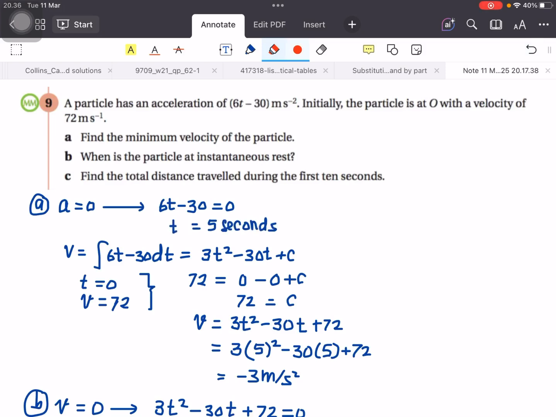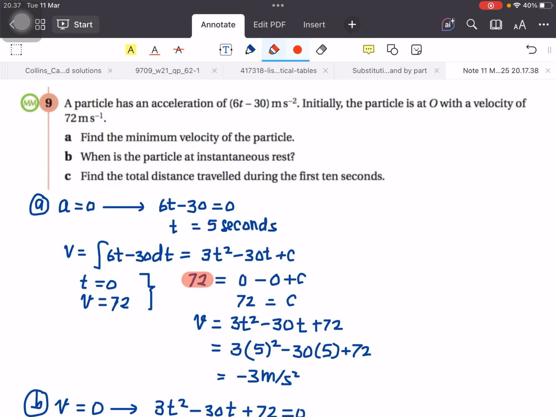And then to find an expression for velocity, we can do integration of the acceleration. The integration of 60 minus 30t is 3t squared minus 30t plus c. And then to find the value of c, we know that initially the particle moved with velocity 72 meter per second. So we can use this information to find the value of c.